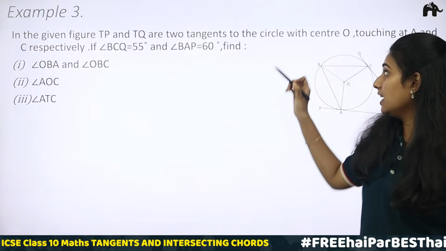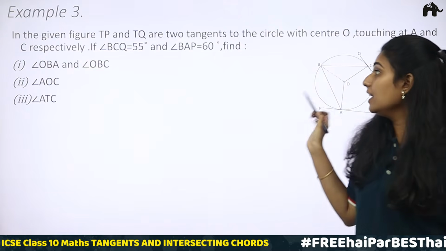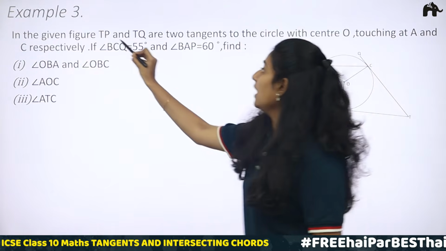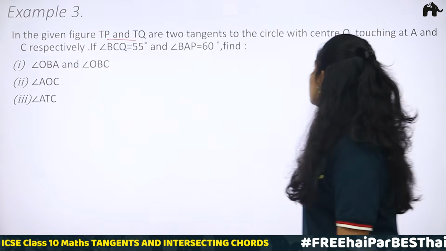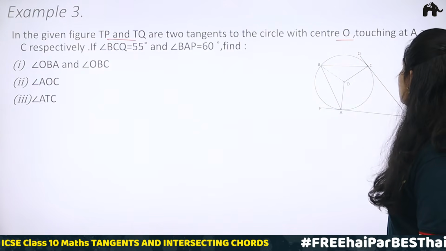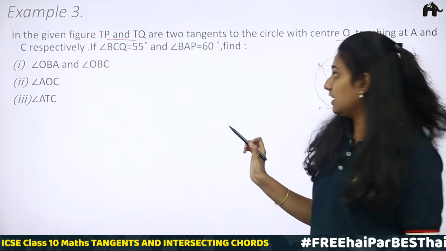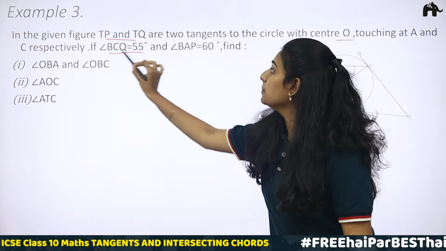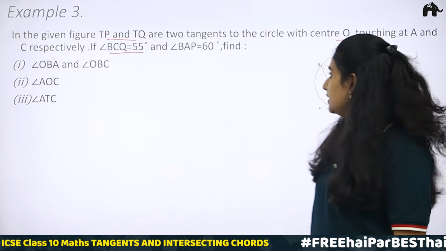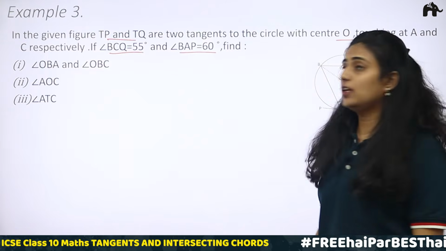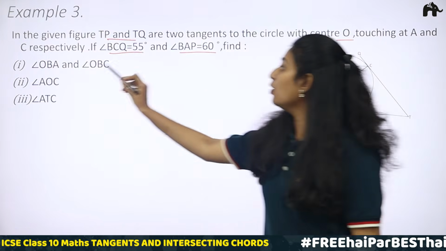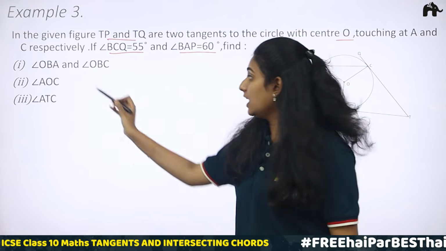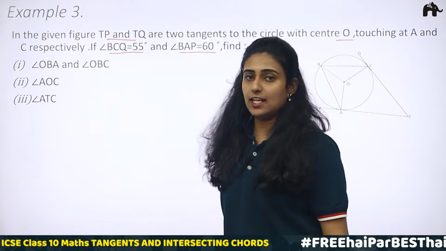This is a question that came for the ICSE Board Exam 2020. In the given figure, TP and TQ are two tangents to the circle with center O touching at A and C respectively. If angle BCQ is equal to 55 degrees and BAP is equal to 60 degrees, find OBA and OBC, then AOC and ATC.